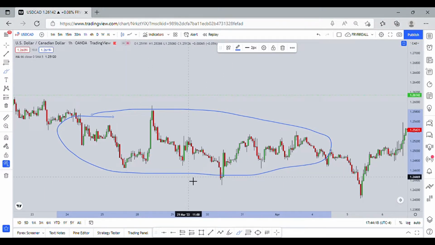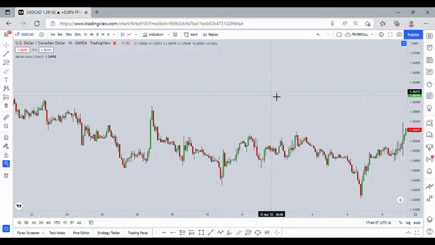The market is basically between a range, within a top and a bottom, within a roof and a floor. The market is not being able to break those two levels, to break the floor or break the ceiling.